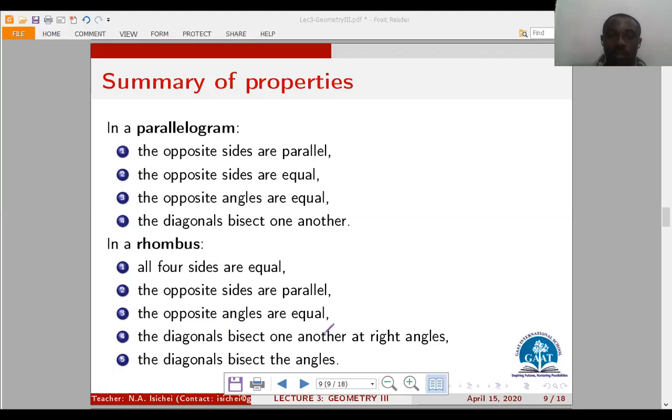I want you to observe the difference between this 4th property of a rhombus and the 4th property of a parallelogram. For a parallelogram, we only state that the diagonals bisect one another. But for a rhombus, they bisect one another not just anyhow, but at right angles. So it means those diagonals intersect at right angles. You also see that in your class student activity. Please confirm that.